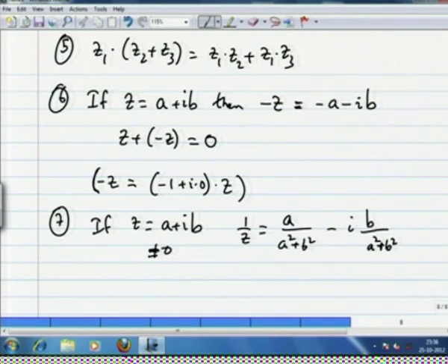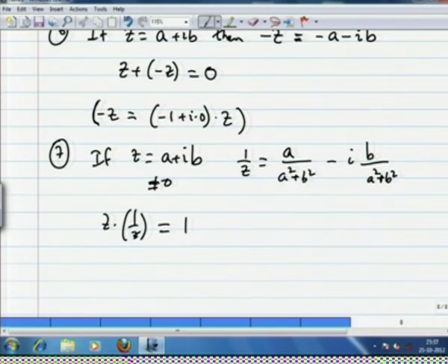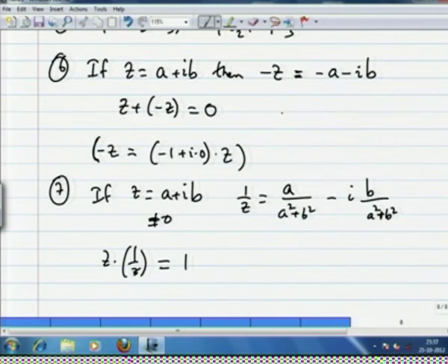So, it is the division of the complex number 1 by the complex number z, and then z times 1 by z is equal to 1. So, these are inverse properties. There is an additive inverse and then there is a multiplicative inverse for non-zero complex numbers. So, additive inverse exists for any complex number and multiplicative inverse exists for non-zero complex numbers.